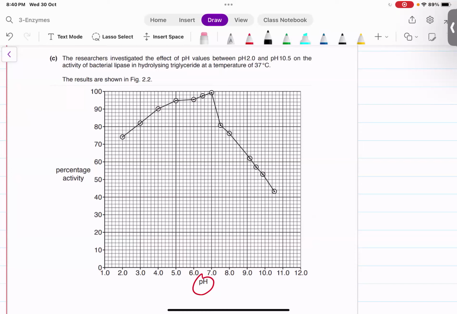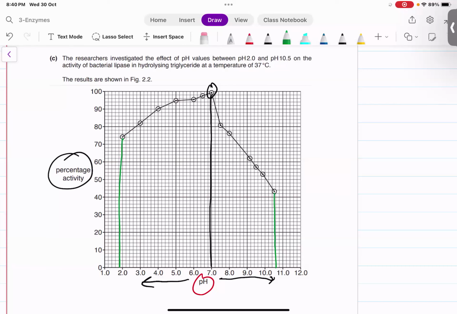So you see at pH around 7, the rate is maximum. But as you increase pH or decrease pH, the rate, or the percentage activity, slows down. At this pH, the percentage enzyme activity is the lowest, and at this one it is even lower.